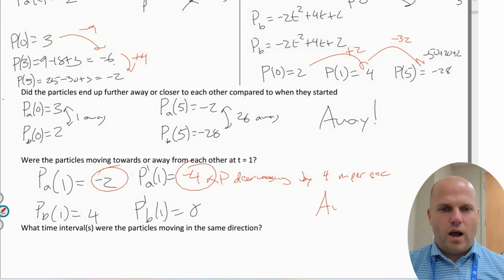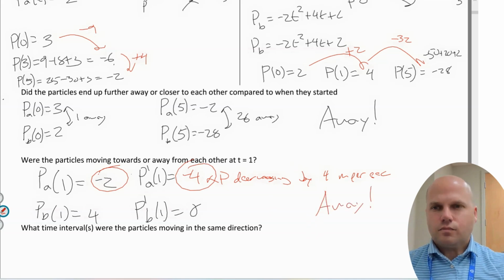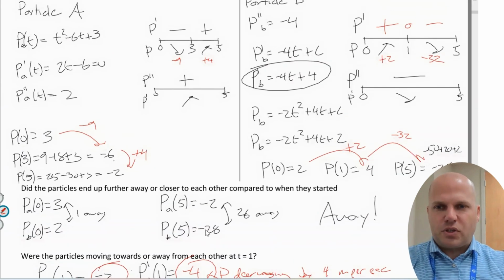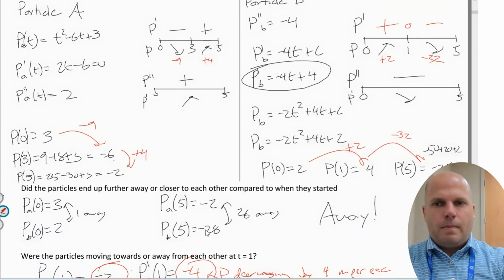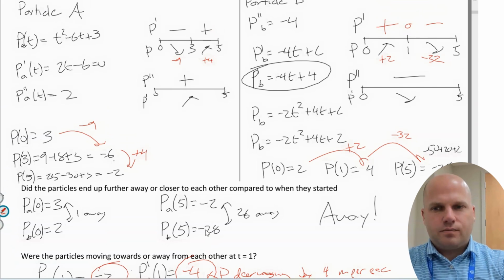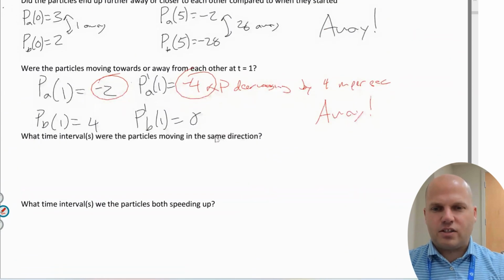Therefore, it's moving away. I started at a position of 3, which is already to the left of a position of 4. My position is decreasing at 1. My position at 1 is 4, but my position is decreasing. This position is not changing at 1. I hope you understand that. It's not something to memorize, something to understand.